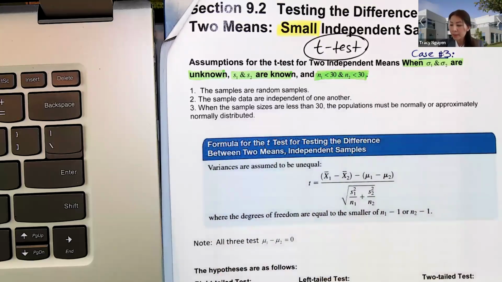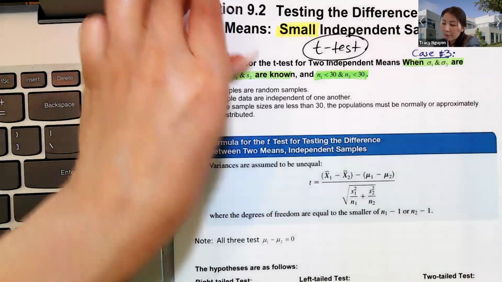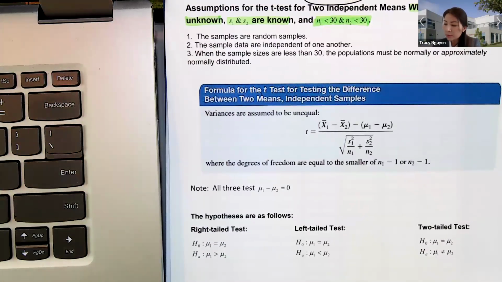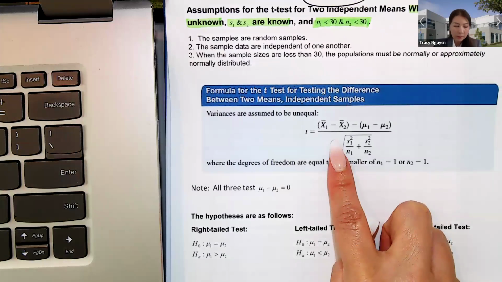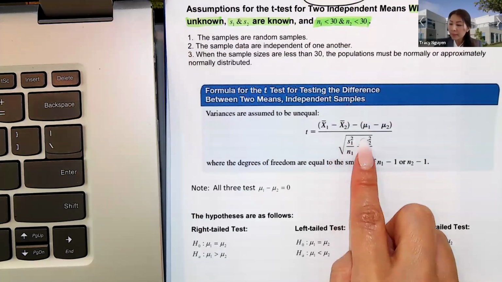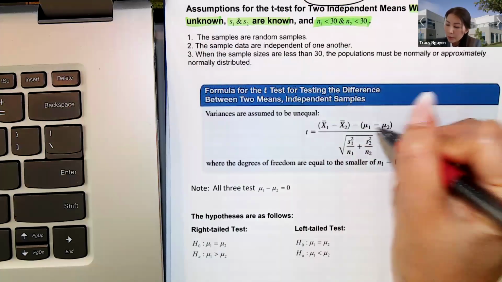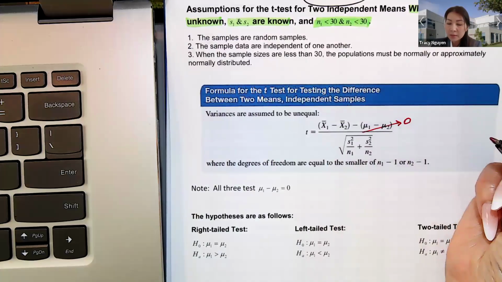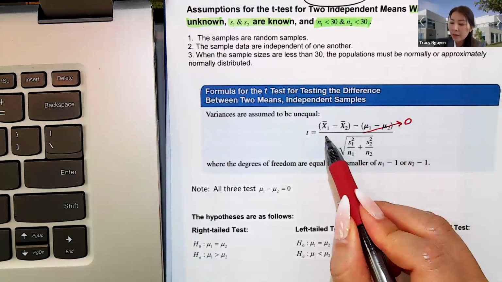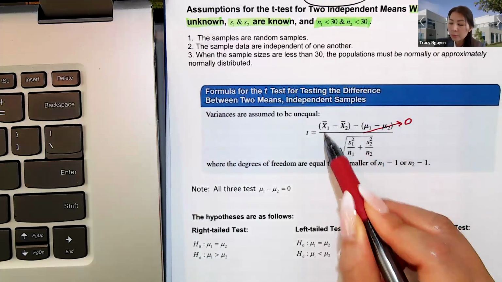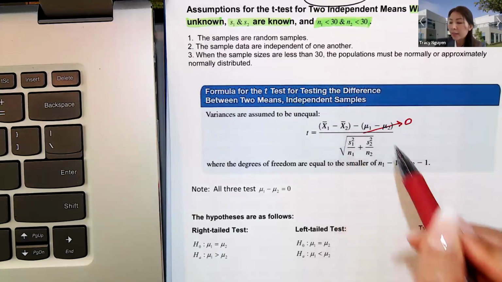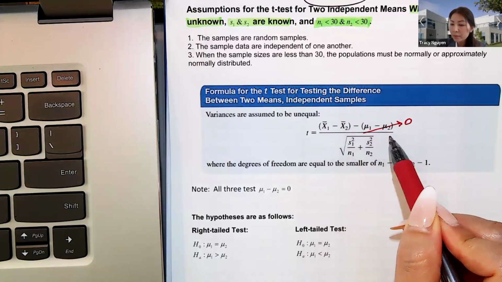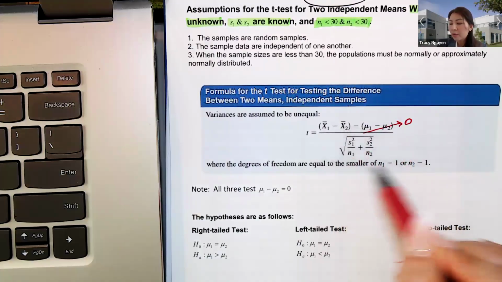All right, so here is our formula for t. t equals x1 bar minus x2 bar minus mu1 minus mu2. We know that there's no difference in the population means, so in the numerator we only have x1 bar minus x2 bar. And if mu1 minus mu2 is always guaranteed to be 0, why do we put it in our formula?